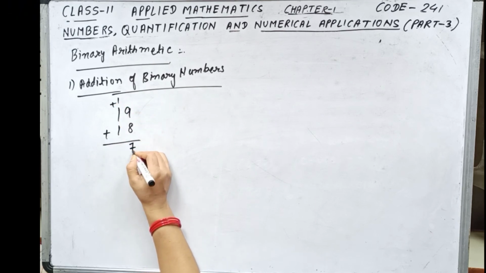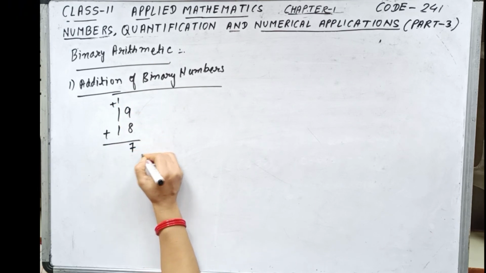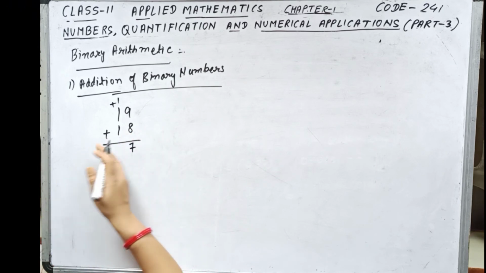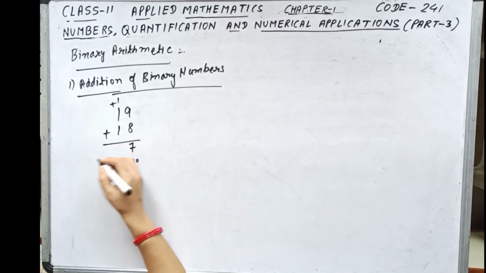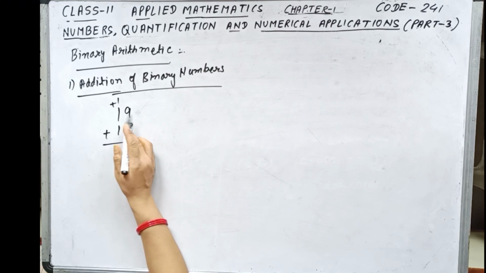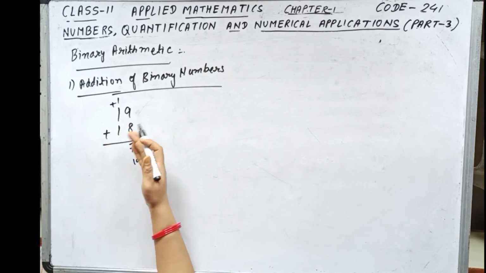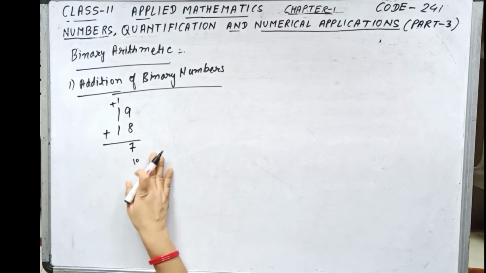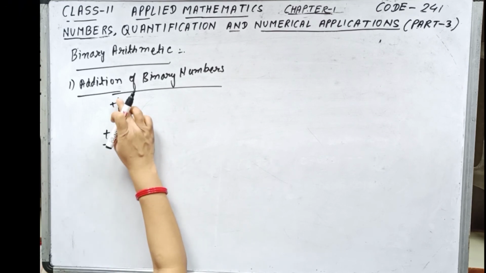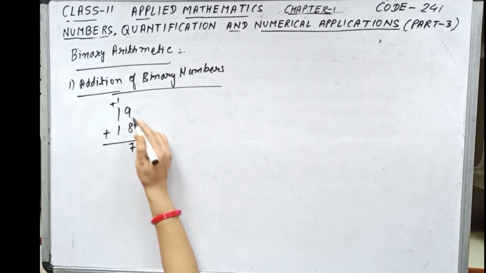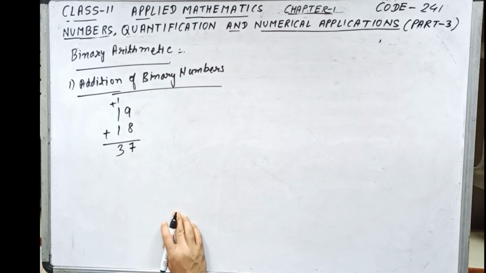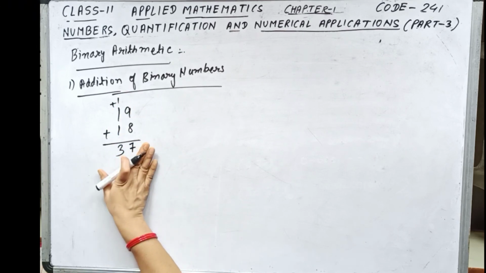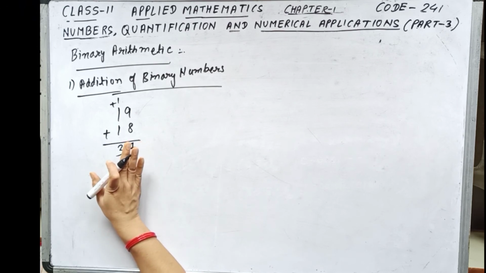For the ones place it is 17, but when it goes to the tens place, it is written as 1, because the tens place has the value of 10 times the digit in the tens place. So now this number is 37. So we know this addition of numbers in the decimal form.